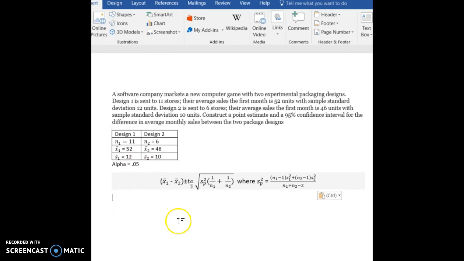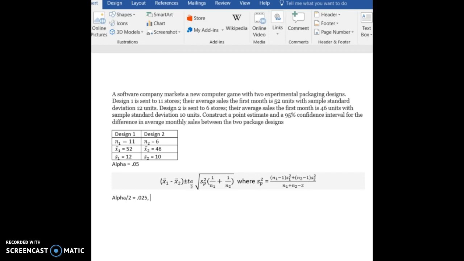Okay, so first, let's notice, since we want a 95% confidence interval, our alpha is 0.05, and then remember, for all confidence intervals, we want to divide that in 2, so we're looking at 0.025. Now, in a minute, we will look this up, but we need to get our degrees of freedom since we're going to have to find a t value here.